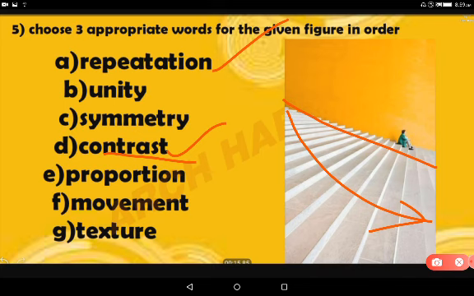There is a unity, we can keep it aside, but the most thing we can see is proportion. Yes, so contrast will be first, then repetition, and then proportion. Due to proportion, we are observing the massive size of the wall and the length of the steps.